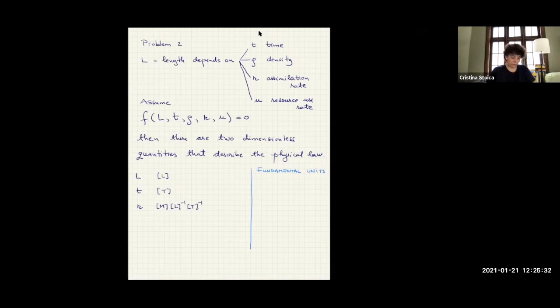There is a table in your notes there, and that's the use of that table if we ever need it. And U, resource use rate, is mass per volume per time. So it's mass per volume, volume is length to the -3, per time, T to the -1. So the fundamental units that we have are mass, length, and time.